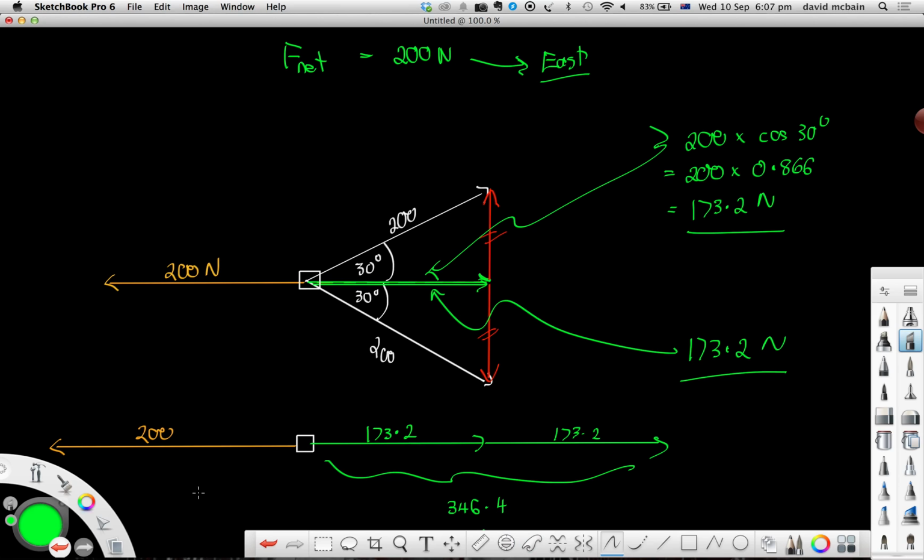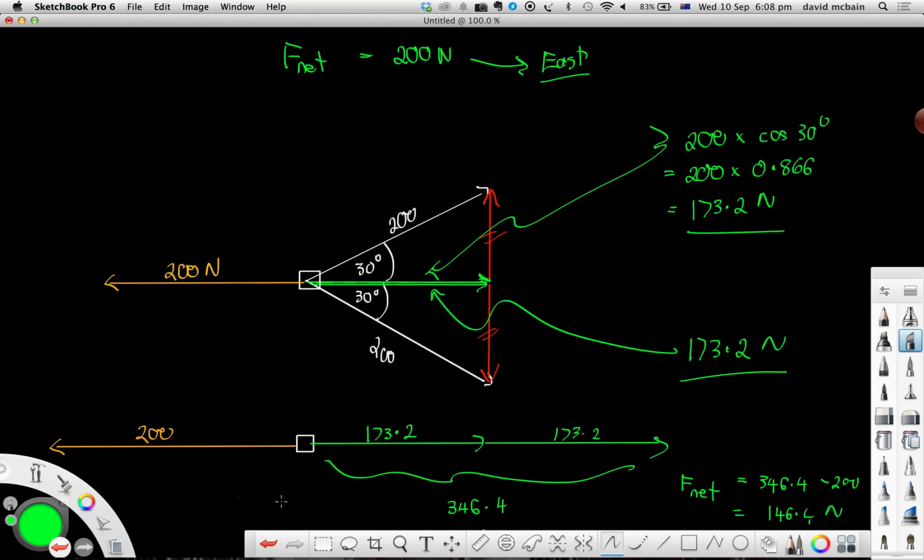So the net force at the moment without our missing force is going to be 346.4 take away 200, and that will equal 146.4 newtons to the right or east. So our net force so far is 146.4 newtons to the right.